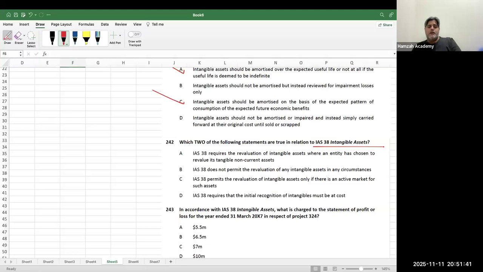Number one, IAS 38 requires the revaluation of intangible assets where the entity has chosen to revalue its intangible non-current assets. Normally, as far as intangibles are concerned, we report them at cost, not at fair value, because an active market is questionable for intangibles. So normally we have them at cost. Saying that it requires you to revalue intangible assets where the entity has chosen to revalue its tangible non-current assets is not applicable here, because one is IAS 38, one is IAS 16, so they cannot have the same adoption as they are independent of each other.